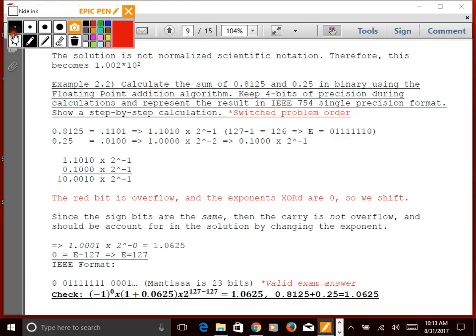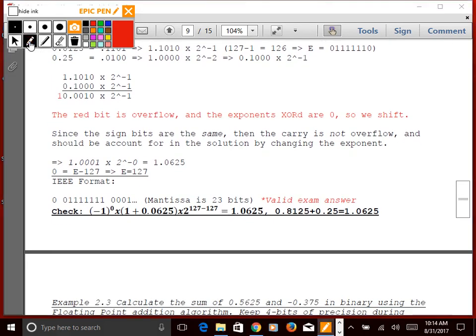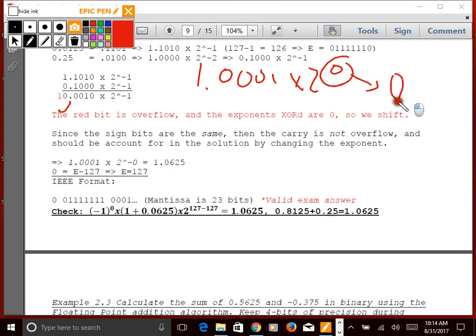Let me scroll up a little bit so you can see. So what's happening here is we've added this up. We shift it over, so it becomes 1.0001 times 2 to the 0. This 0 value is the result of the equation 0 is equal to E minus 127, which we have from, if you recall from last lecture, the IEEE 754 format equation.